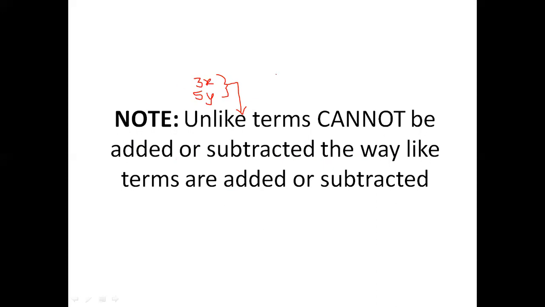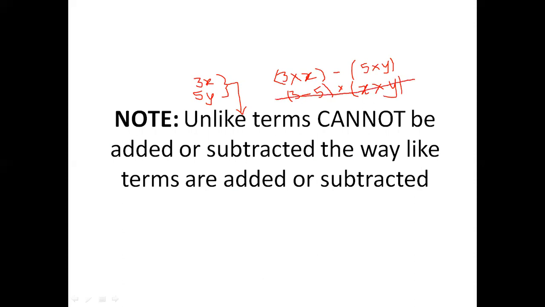So we can't just write 3 multiplied by x, put it in brackets and write minus 5 multiplied by y, and then take 3 and y together, that is 3 minus y in one bracket, and in the other bracket x into y.